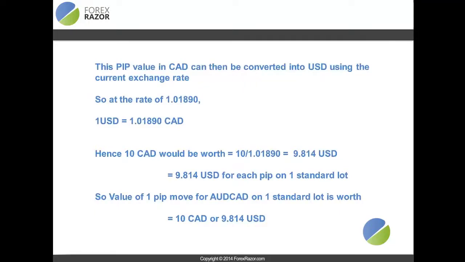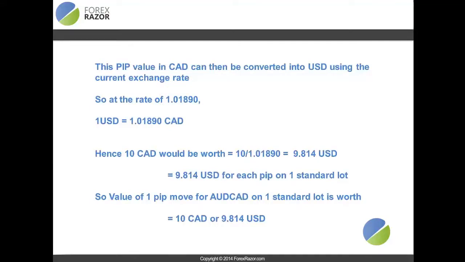Assuming a rate of 1.01890, 1 US dollar is equal to 1.01890 Canadian dollars, since US dollar is the base currency and Canadian is the code currency.